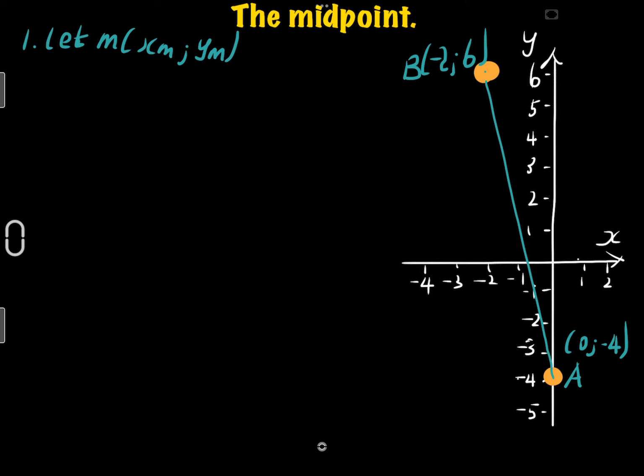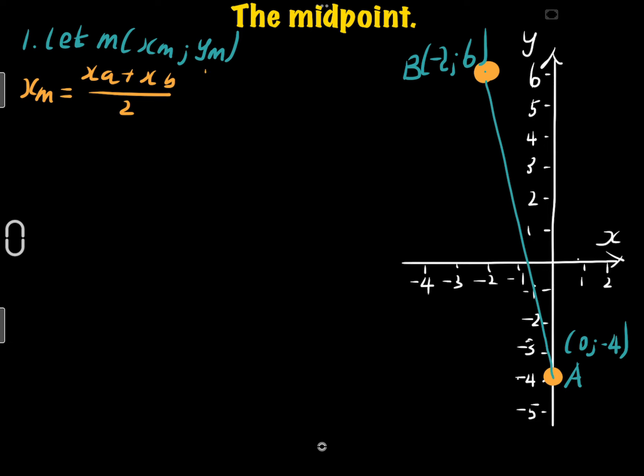Moving forward, we now need to determine the coordinates of the midpoint, the central point halfway between the two nodal points A and B, using our midpoint formula. The midpoint formula is annotated as follows. xm is equal to xa plus xb divided by 2.